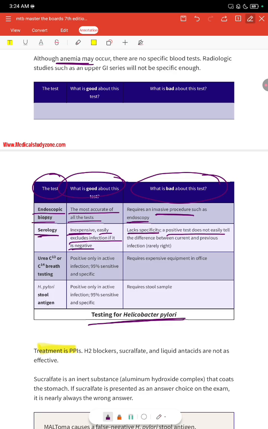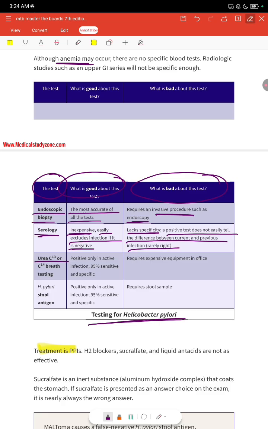A positive test does not easily tell the difference between current and previous infection, whether the infection is still present or it is just gone and it was a previous infection. This is the bad thing about the serology option.